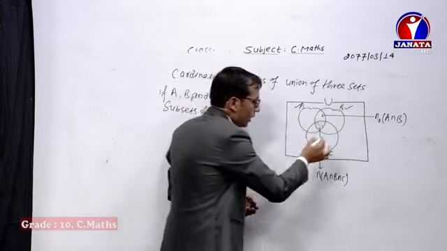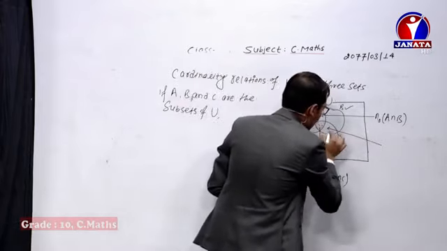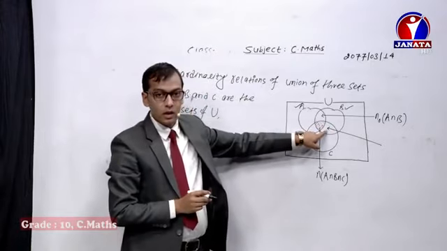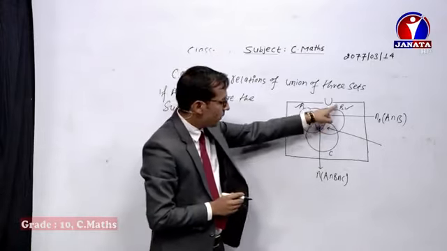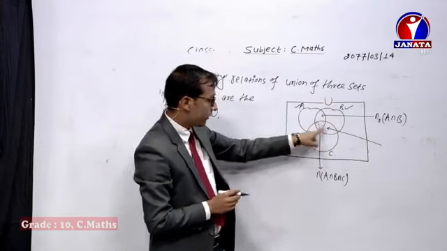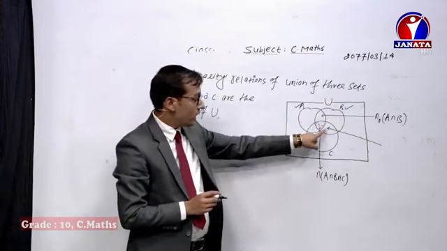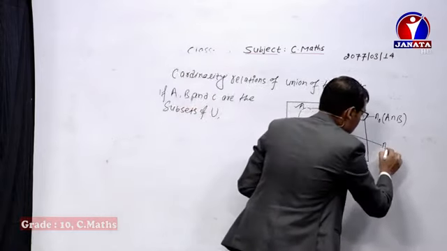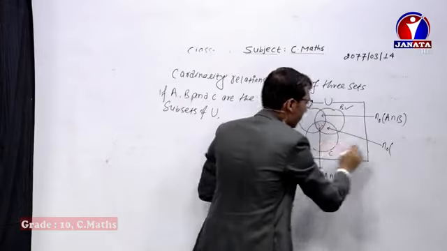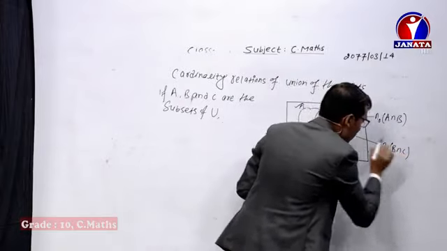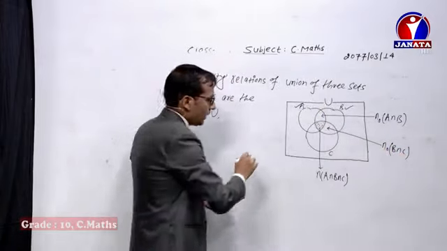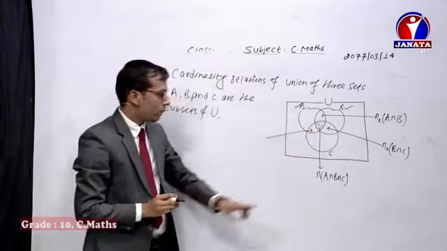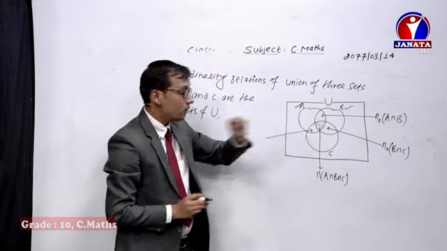Similarly, look at this region. This is the common region of set B and C, but not of A. So we denote this region by n only B intersection C. Now, can we write the set notation to represent this region?